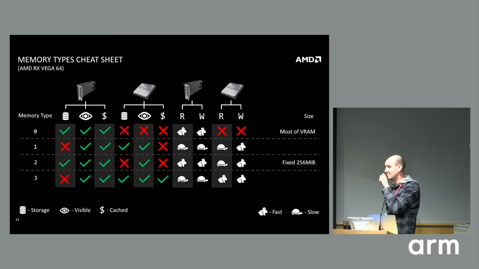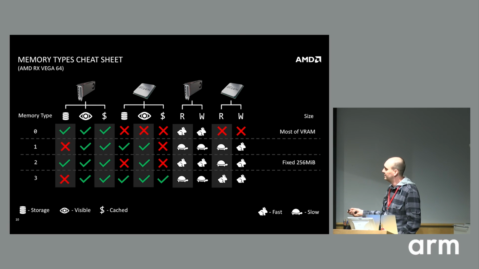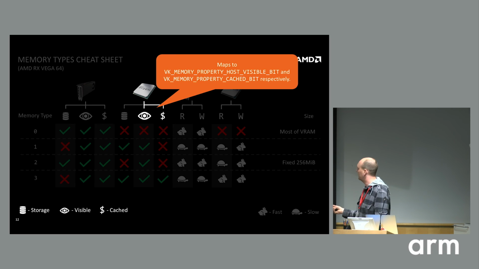What would be the flags for each of the types? Those two don't have any explicit flags. They're just ticked for everything, so just by necessity of being Vulkan allocations, they're visible to the GPU. Then that column there is the not of that column. And all of them are host visible; if it's host visible, then it's this column here. Host visible is that, and cached is that.